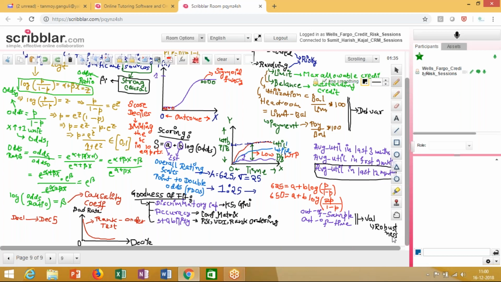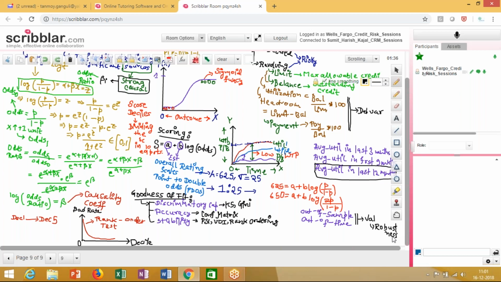Now what you are doing is you are looking into this out of sample and out of time validation, and you are trying to assess how robust the model is. So this is what the validation is.